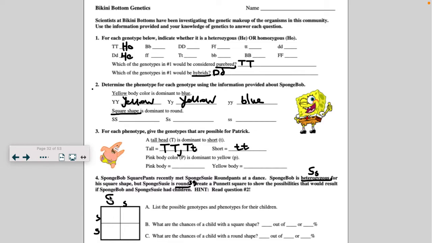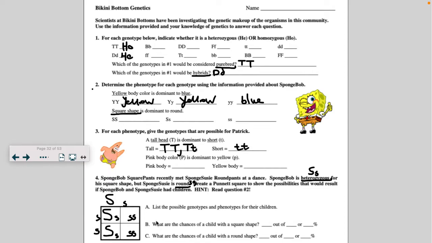So I'm going to go ahead and fill it in. Big S from the top, little s from the side. Big S from the top, little s from the side. Little s from the top, little s from the side. Little s from the top, little s from the side.